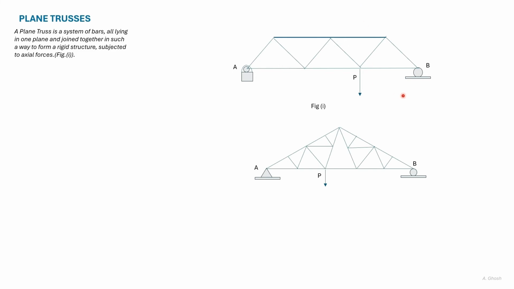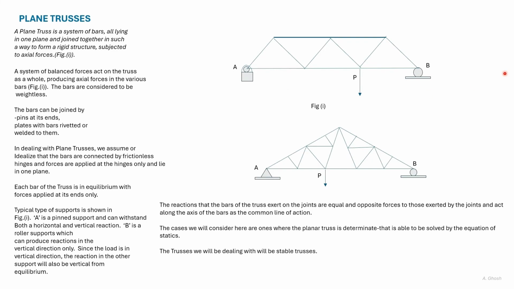We deal with trusses that are stable and also trusses that are determinate. So they can be solved using the equations of statics. So with the plane trusses, we'll first consider the truss as a whole and find out the reactions, and then we start looking at the joints.